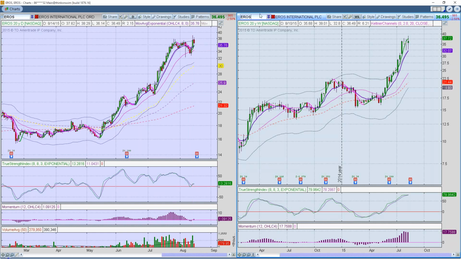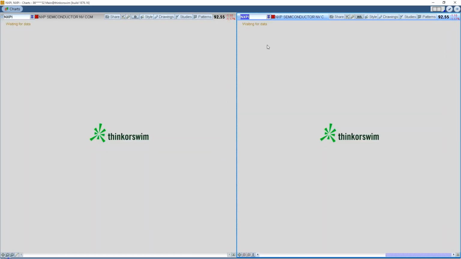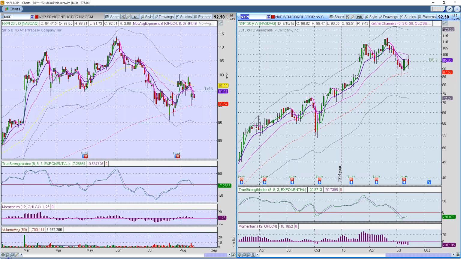NXPI, I was looking at that earlier in the week. It's looking kind of interesting, like it may be trying to do some consolidation. It has held on to the 200-day moving average. We can draw a trend line across those lows, and we're almost back down to those.